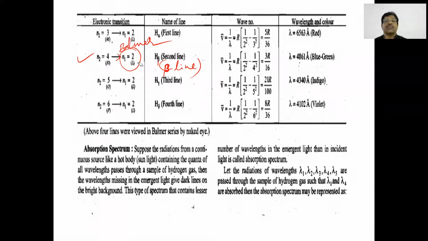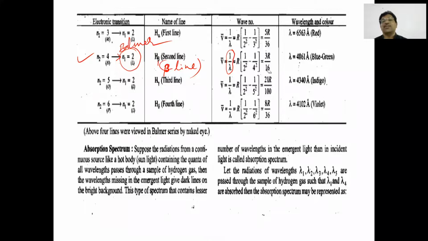Z is 1 for hydrogen atom. So R into 1 by 2 square minus 1 by 4 square, that is 1 by 4 minus 1 by 16, which is equal to 3 by 16. So 3 by 16 into R is 1 by lambda. 1 by lambda is equal to 3R by 16.